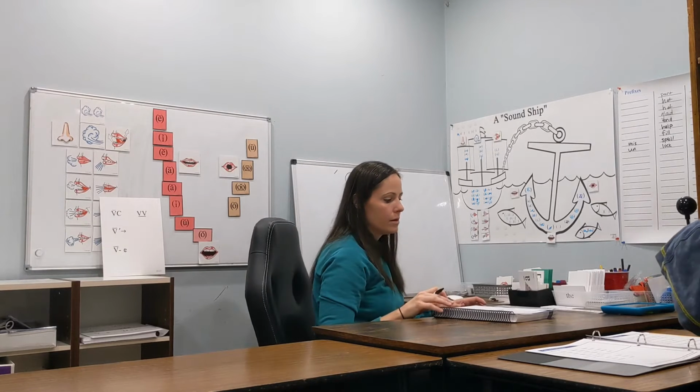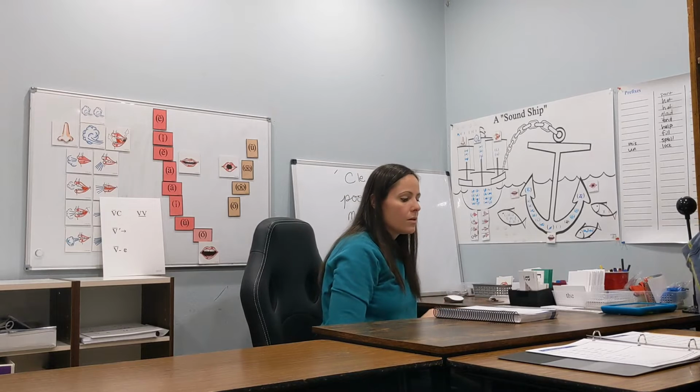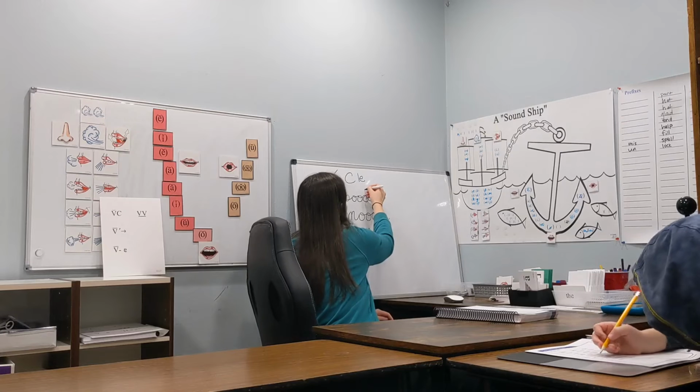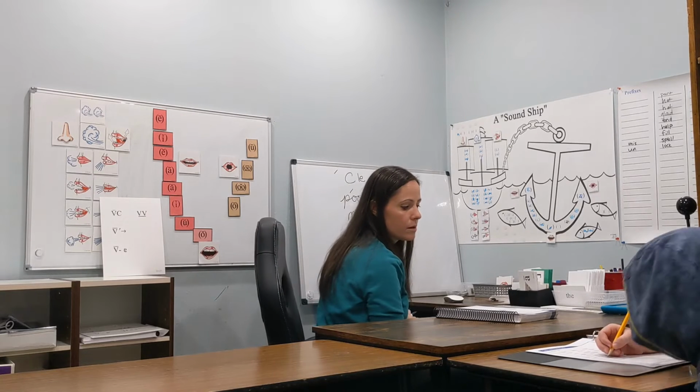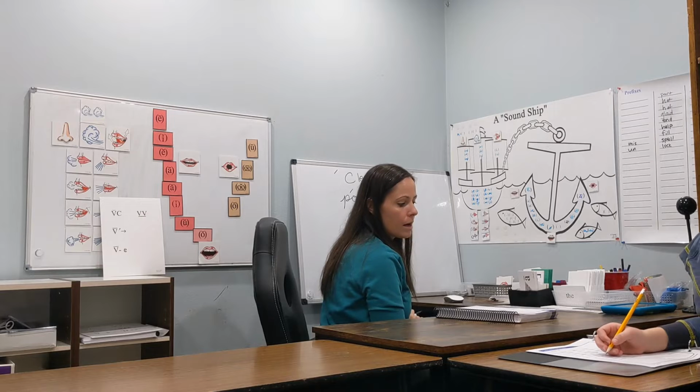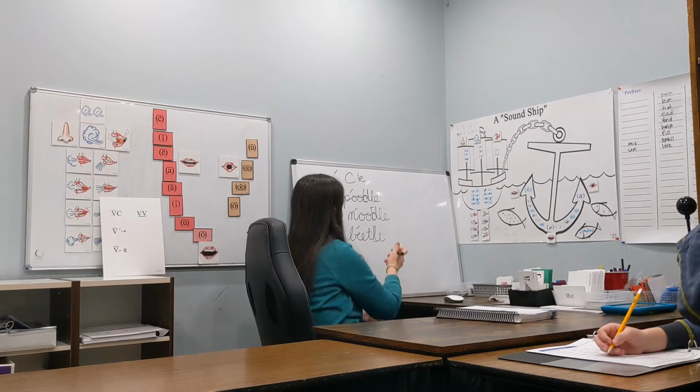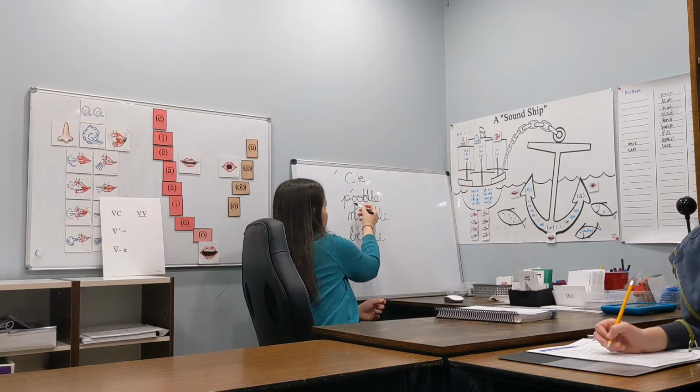Beetle. Beetle. Okay? So we can bracket the final stable syllable. Put a bracket. And accent the syllable before. And the one before ends in a digraph, right?